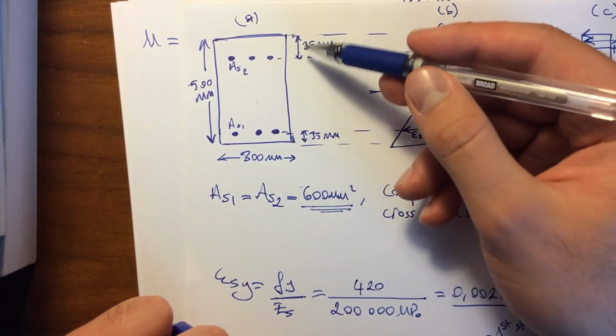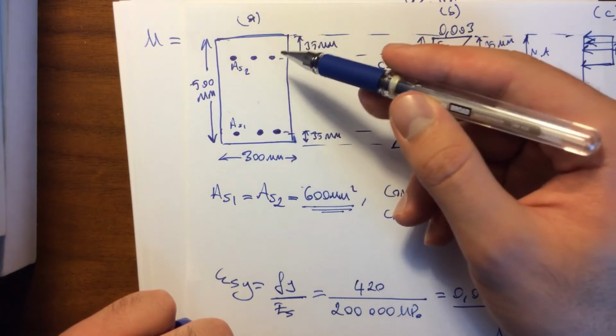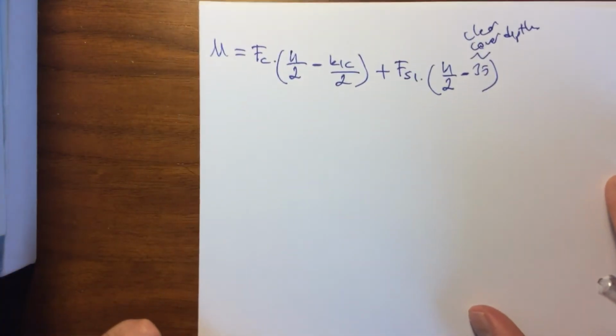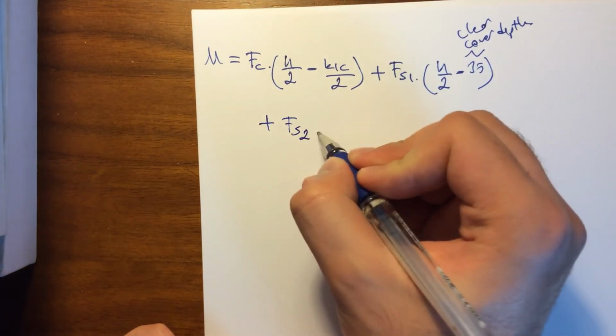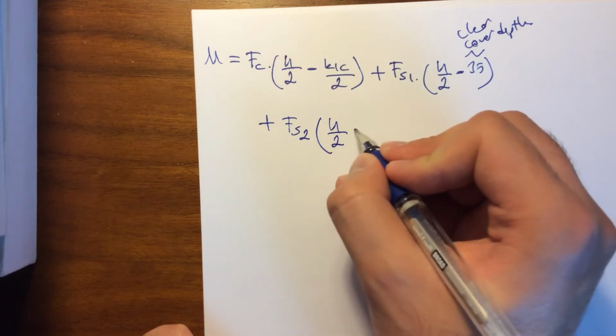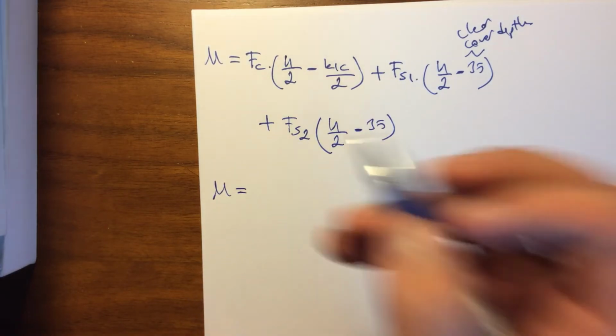It is the same for both steel layer number 1 and steel layer number 2, so I'm going to use 35 for each of those. And for Fs2, the moment arm would be the same, H over 2 minus 35. So let's plug those in.